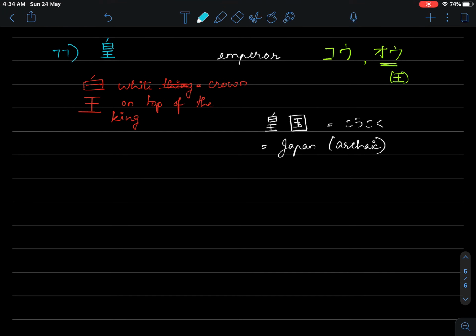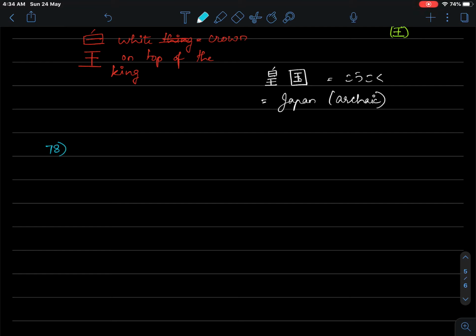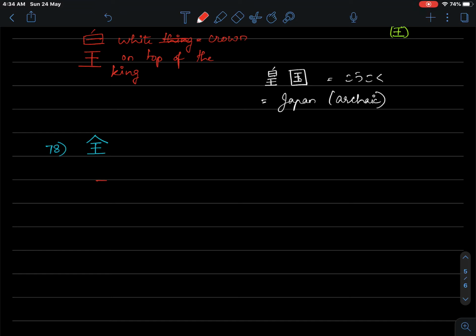Okay, now let's have a look at the next kanji. Again, you're going back to the previous pattern. This is that kanji. Now let's see how to try and memorize this. So if you remember, this is heaven, this is man, this is earth. They're all connected.